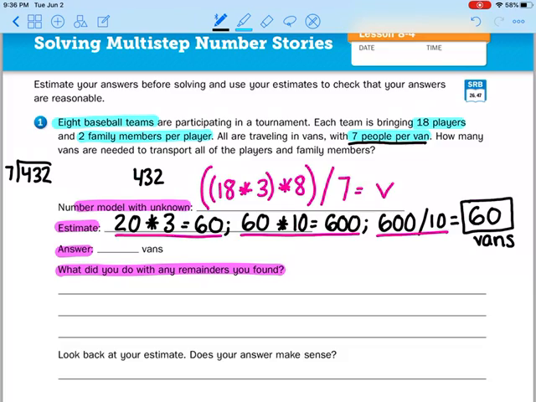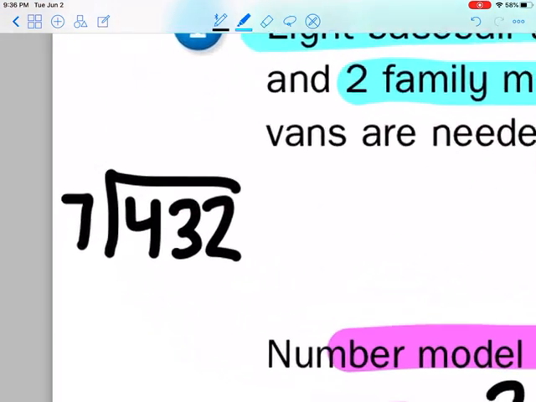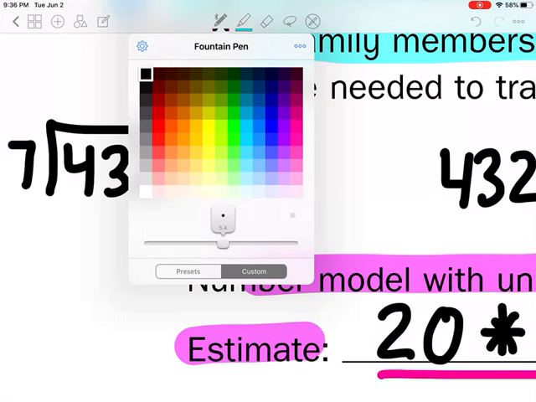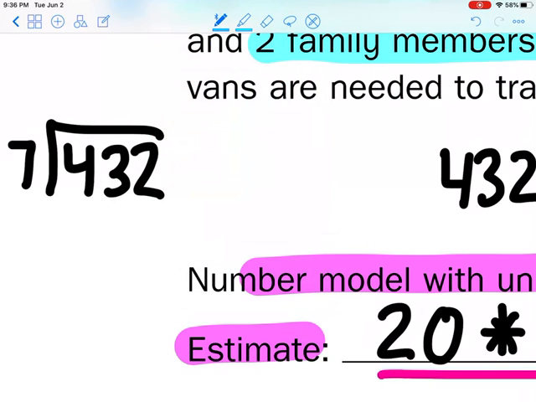So I'm going to do 7 divided into 432. Now, I'm going to zoom in a little bit. Let's do blue. I know that 7 can't go into 4 because 4 is too small. But 7 can go into 43. Now, it's not a multiple, so I have to think what will get me close to that. I know that 6 groups of 7 would give you 42, because 6 times 7 is 42, and I'm left with 1.